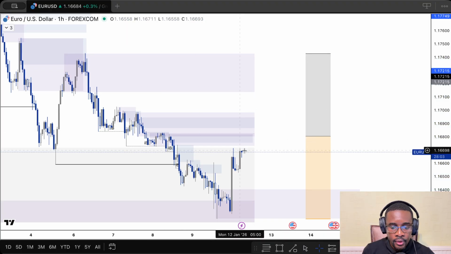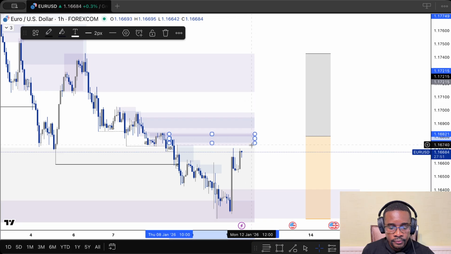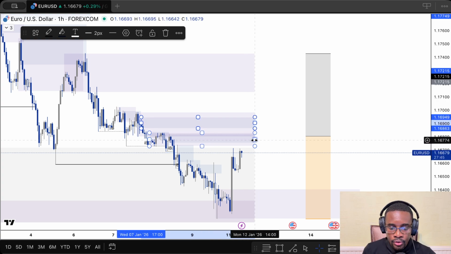So this POI is just below EQ, and then this one is just inside premium. So this could fail, and then this one would then give us the reaction. If you're going to focus on POIs that are in premium, this would be one to look at, and then you could ignore this one.